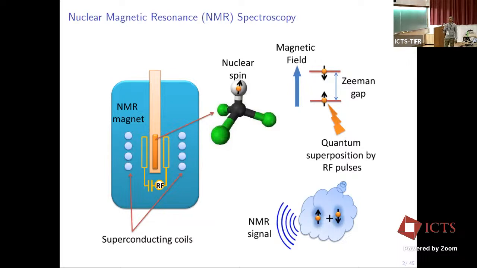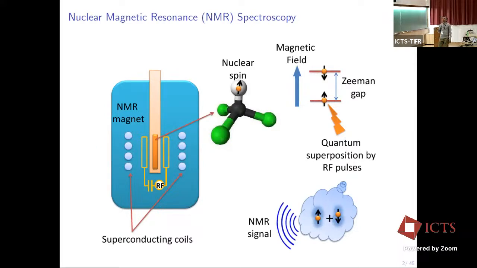Now the sample consists of atoms and molecules, and in each atom there is a nucleus, and this nucleus can have spin. Spin can be anything. It can be half or 1, 1.5, 2, up to 9/2. So there are different isotopes with various spin numbers. Now, if it is spin half, it's a qubit.